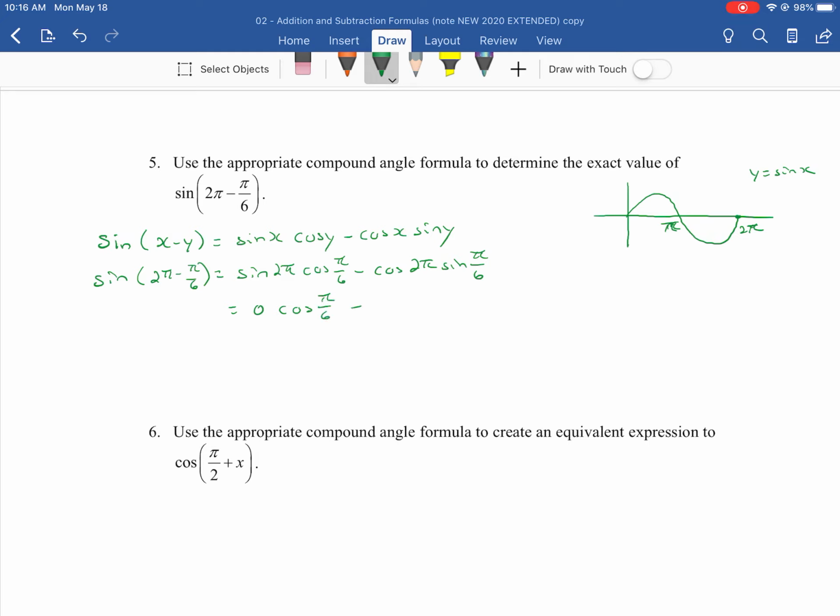I'm not even going to worry about what cos of pi over 6 is, because it's going to get multiplied by 0. And cos is also very easy to evaluate at multiples of pi, because it's got a value at cos of 2 pi of just 1.